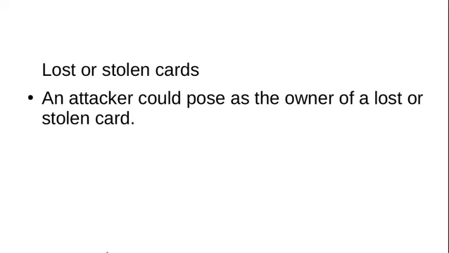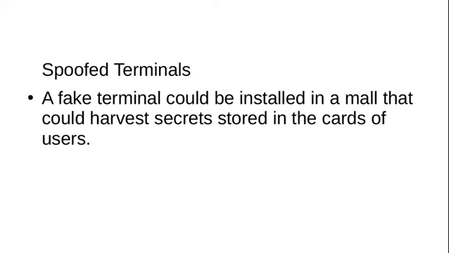Next is lost or stolen cards. The attacker can steal the credit card, or sometimes your credit card will be lost and reach the hands of an attacker. Then the attacker could pose as the owner of the lost or stolen card. So this is the second type of attack.